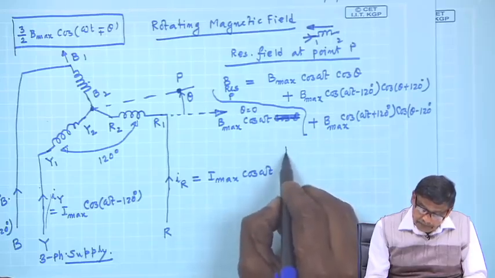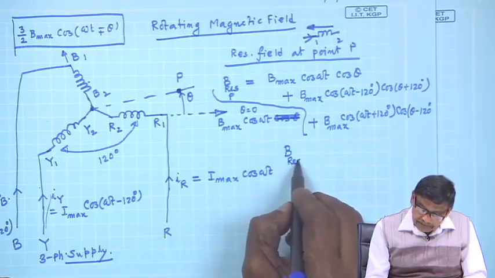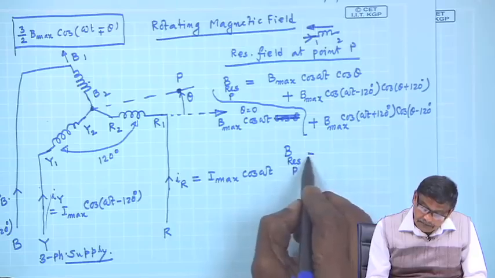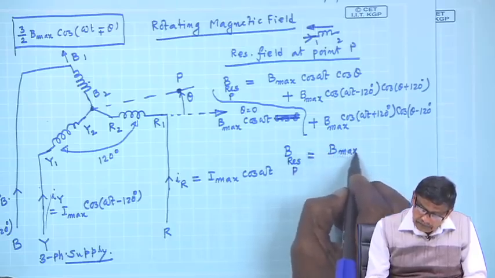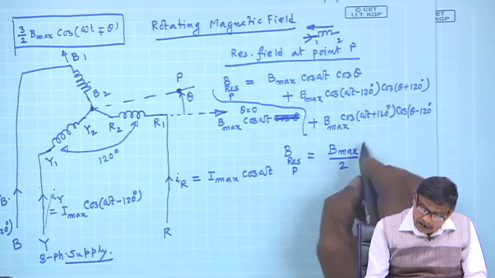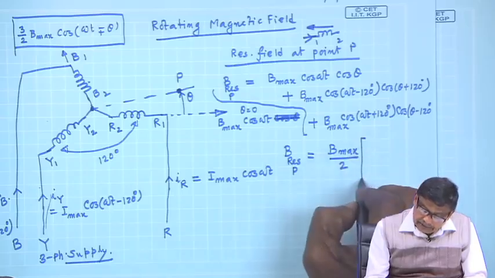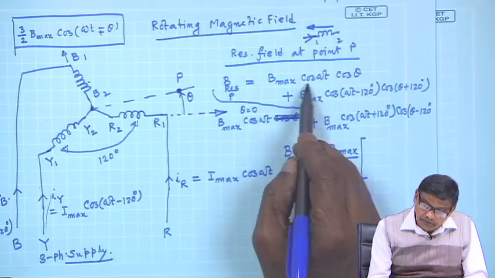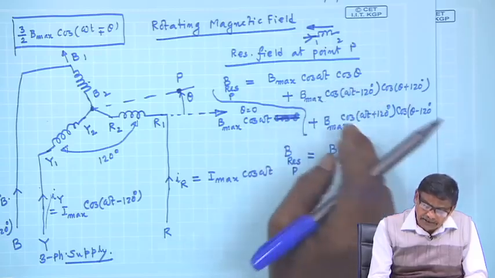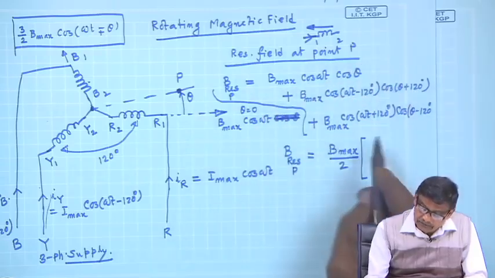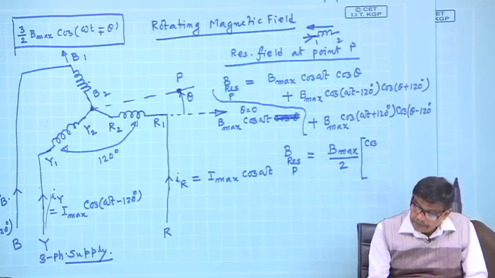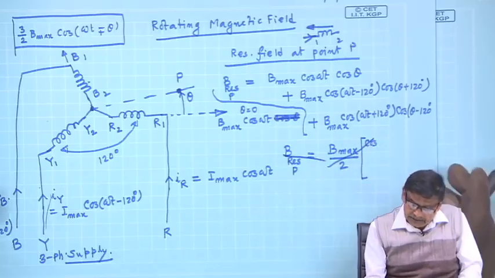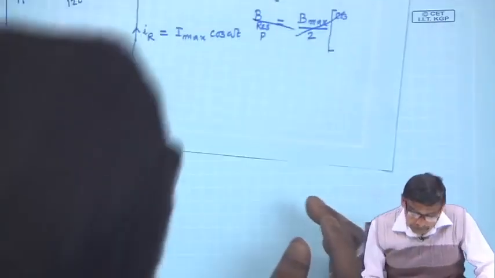So, B resultant at point P will be B max, you can take common 2, and then this will be 2 cos A cos B. Last time we did similar things, 2 cos A cos B. So, this can be written as cosine. I think I take a new space, as space will not be available.